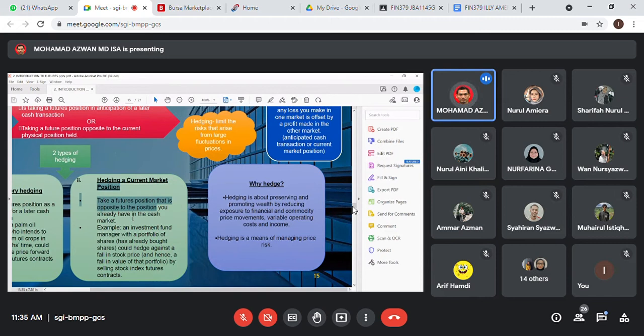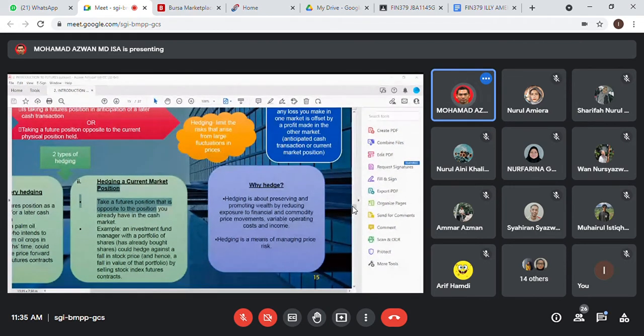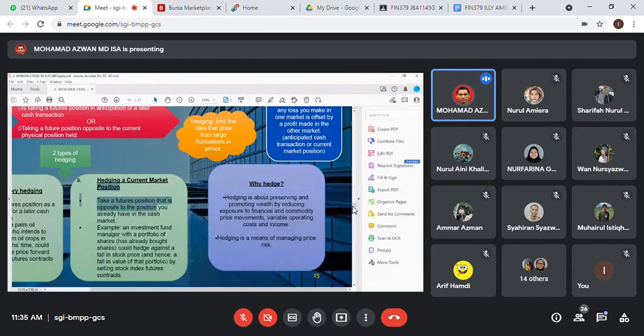If you have shares in the stock market, but you don't have any intention to sell later on, but you're still afraid the share price will drop. Maksudnya kalau share price drop later on, you will have a loss, kan?